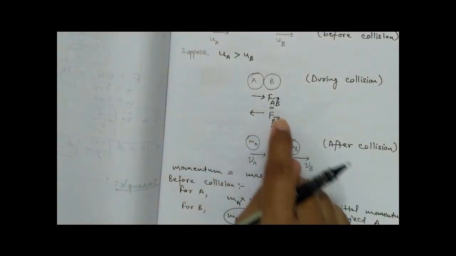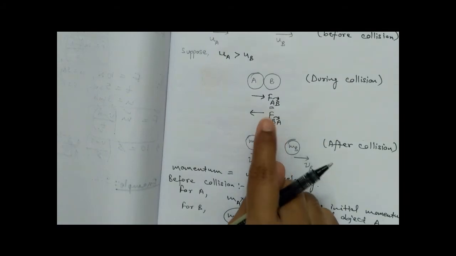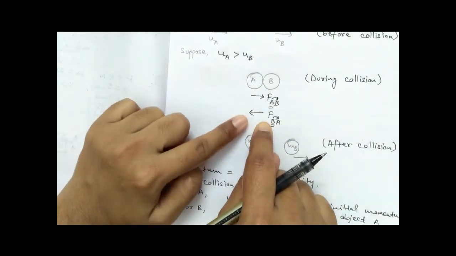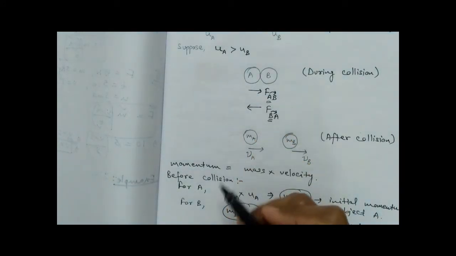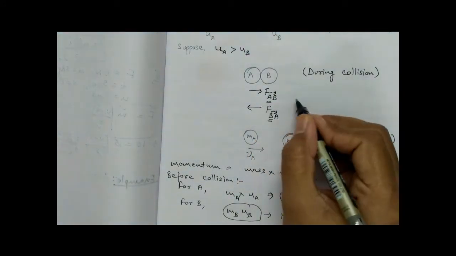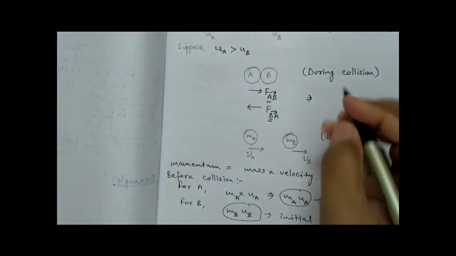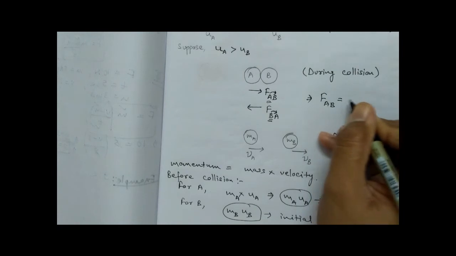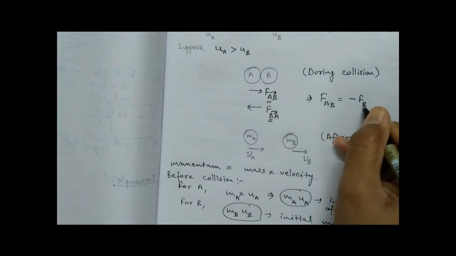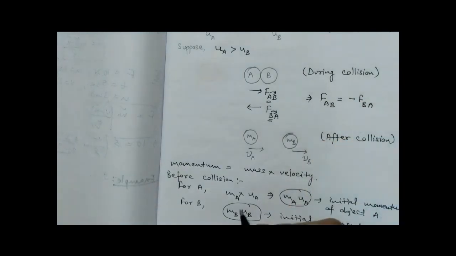Now here we know FAB will be equal to FBA. Why? Because according to the third law of motion, FAB will be equal to FBA but in the opposite direction. So I'll be writing FAB is equal to minus FBA. Both will have similar magnitude but different direction.